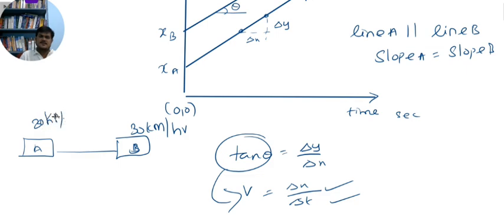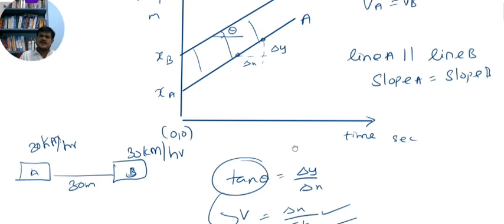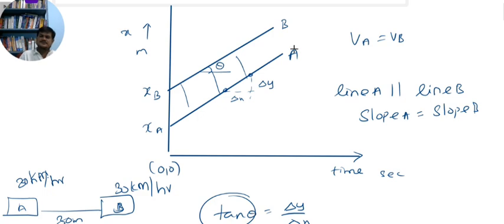The distance between these two vehicles is 30 meters, and it is always 30 meters because the separation is the same everywhere.